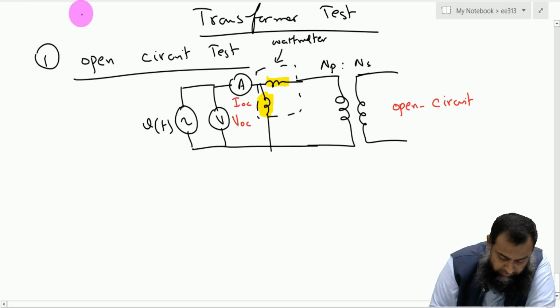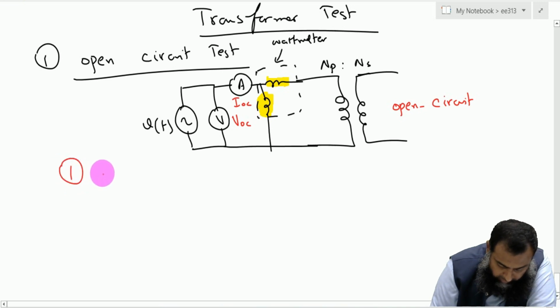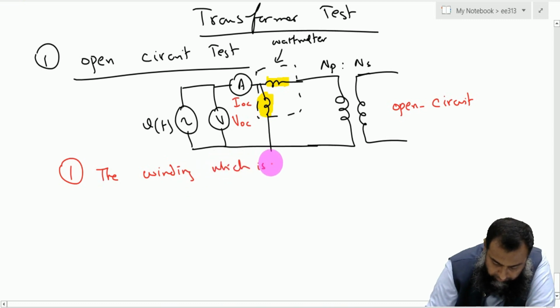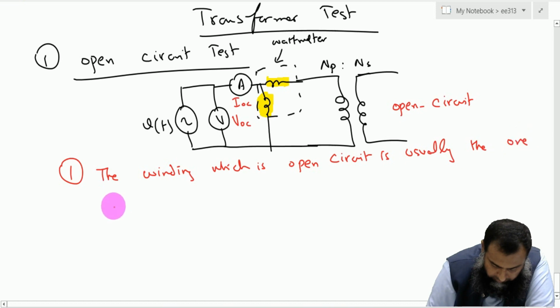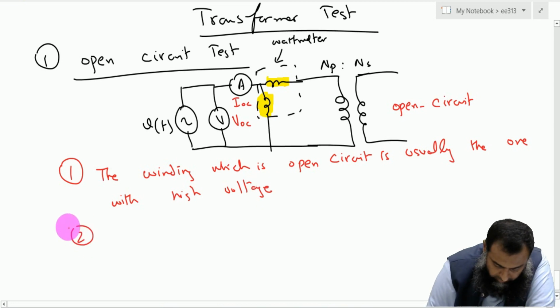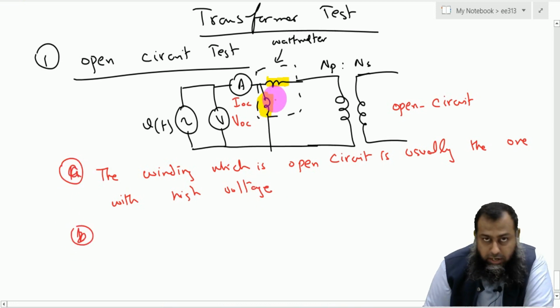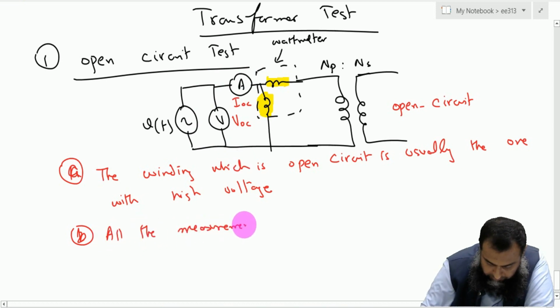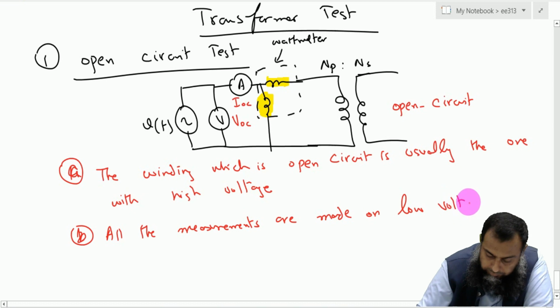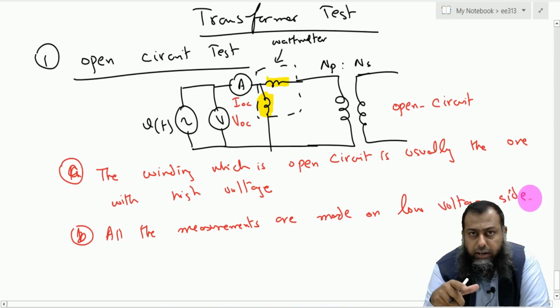So the first thing here is the winding which is open circuit is usually the one with high voltage, which means that all the measurements are made on the low voltage side, right? Because it is easy to handle the low voltage.